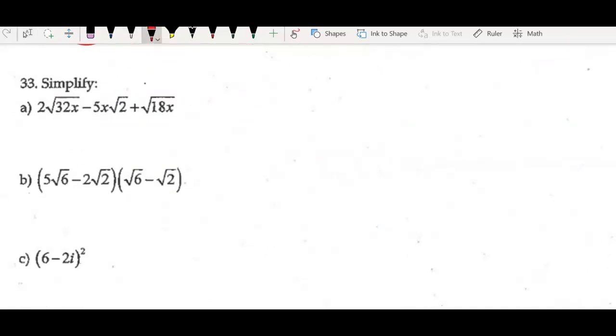Radicals. You cannot add radicals together unless they have the same exact value under the radicand. So we've got to simplify. Square root of 32, let's do this first. What perfect square goes into 32? Isn't that 16 times 2?